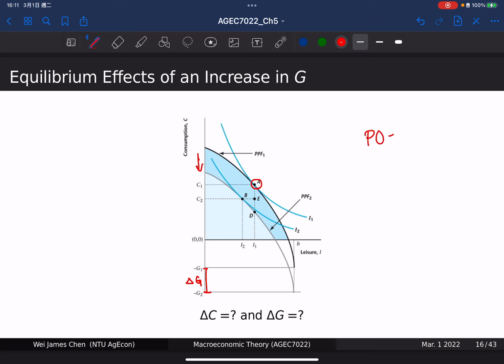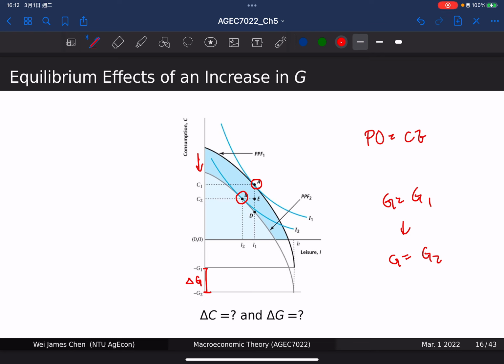Remember, PO is CE, so I'm not going to talk about CE here. Point A is the PO originally when G equals G1. And when G now equals G2, the new optimization point is B, so B is the new PO.